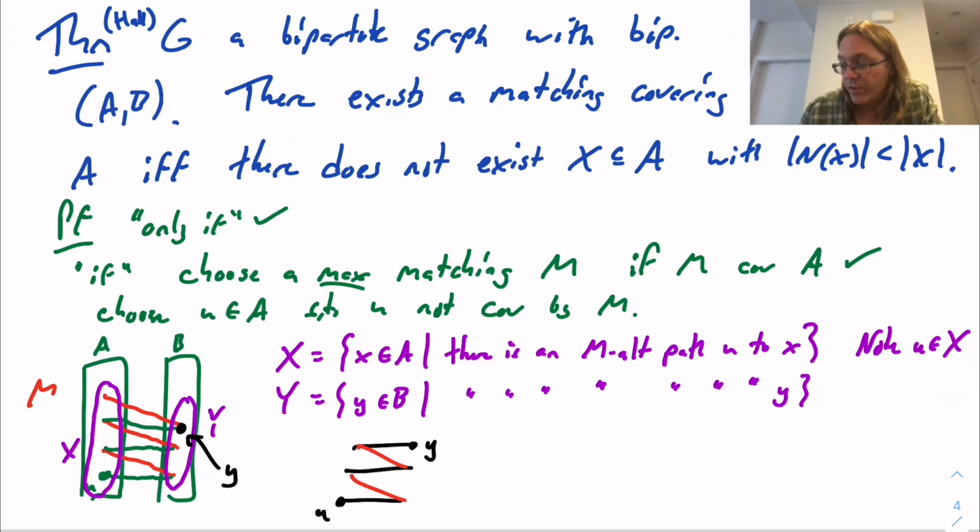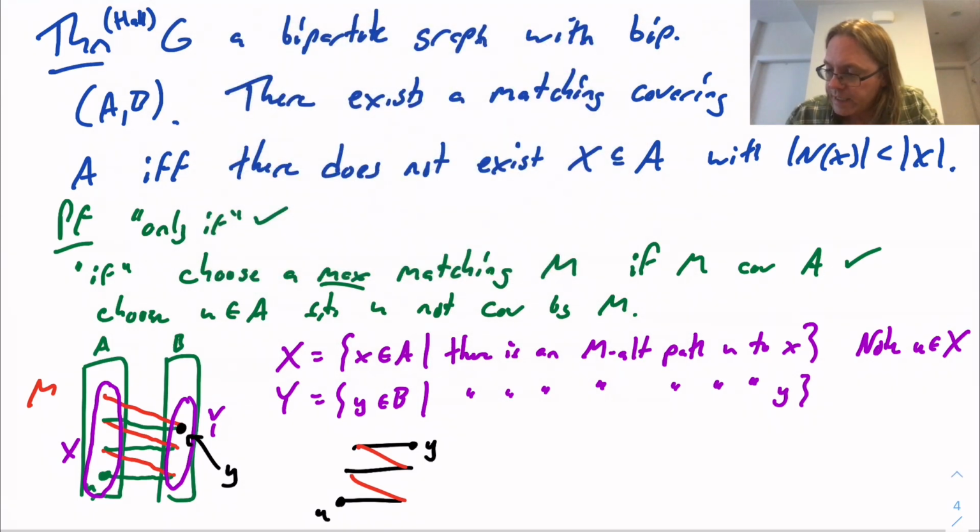If there is no edge of the matching incident with Y, then I found an alternating path that starts at U and ends at Y. But because U and Y are not incident with any edge of the matching M, I can just flip the behavior of the matching on that path and I'd get a larger matching. That's a contradiction, since I chose a maximum size matching in my graph. And that means this vertex Y must be incident with an edge of the matching.